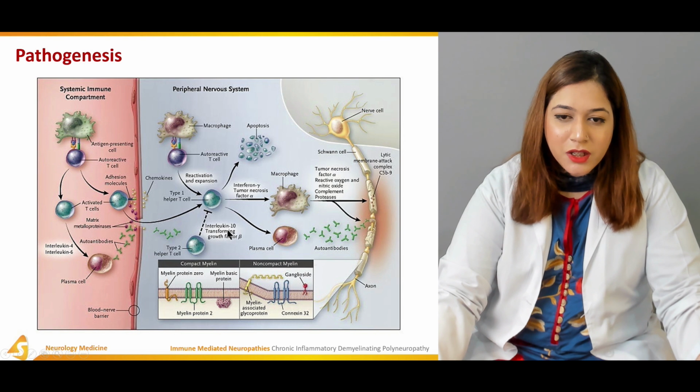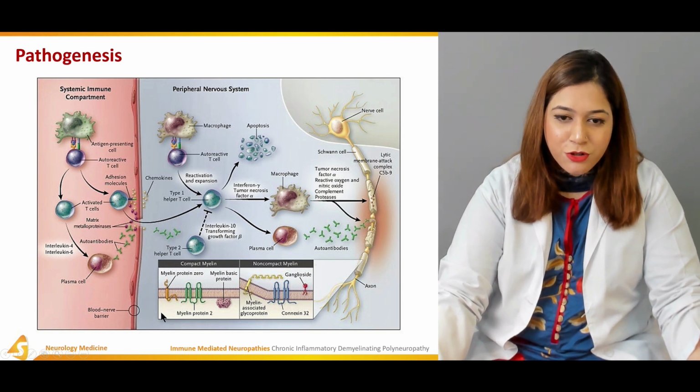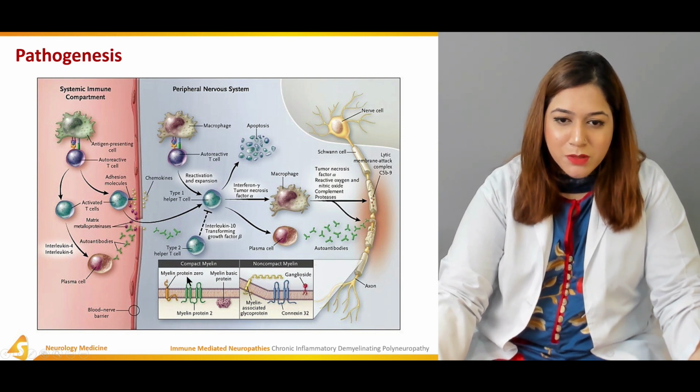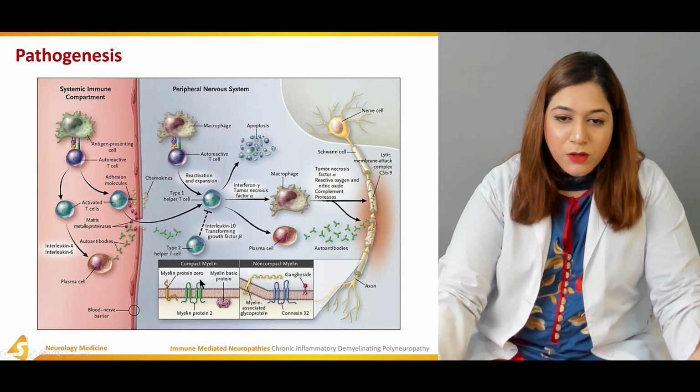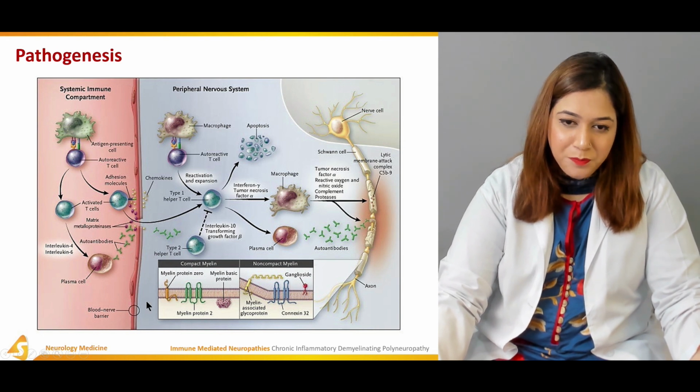Now, if we look more closely at the structure of myelin, the myelin sheath is composed of various proteins such as myelin protein 0, myelin protein 2, and myelin basic protein. Myelin protein 0 accounts for around 50% of the total membrane protein in human peripheral nervous system myelin.